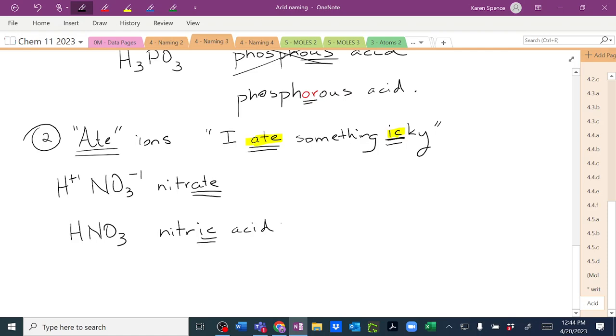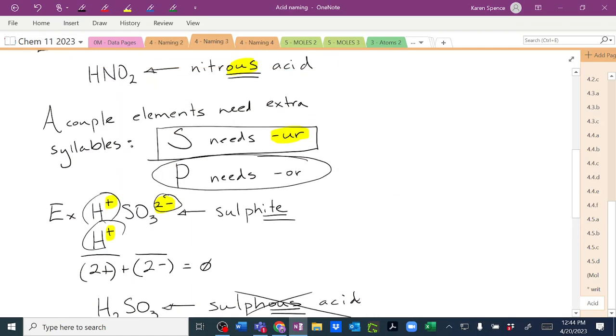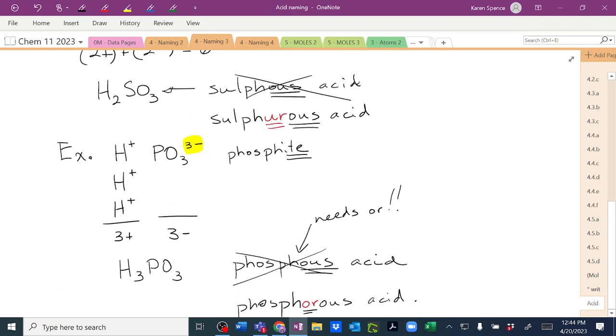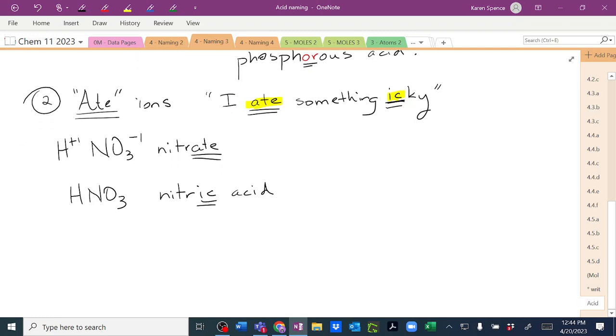And you'll notice, did any of these have a hydro in the front? No, there's no hydros for our ate and ite ions. Okay, so don't get too excited by the hydro. There's only a few acids that actually have hydro at the front. All right, let's try now again.